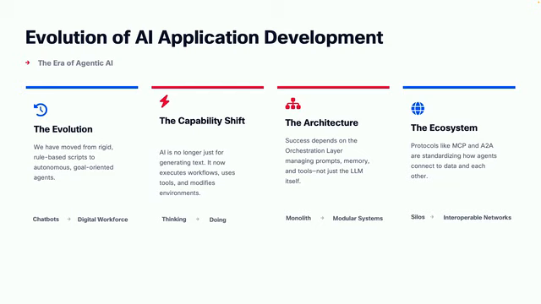In terms of evolution, we've gone from chatbots to a more capable workforce, and from a single monolith to more modular systems, because you have agents that are able to talk to each other and work with each other. Protocols like MCP and A2A are also making things a lot more interoperable.